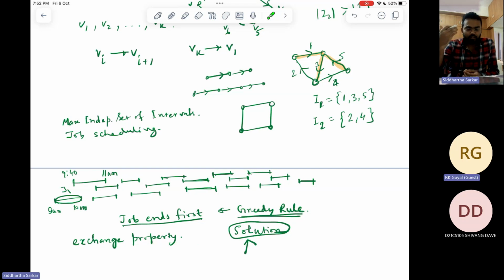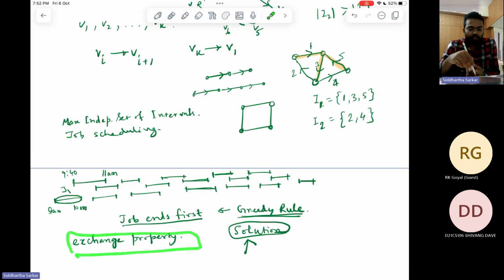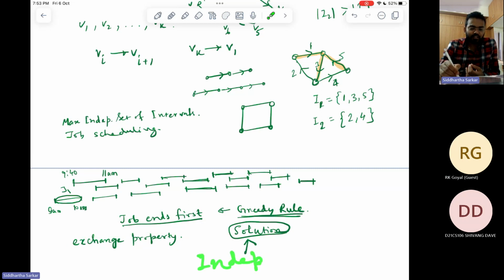With matroids, a generalized argument can be given that is applicable to multiple problems. You show that this problem is reducible to a matroid, and then because of the exchange property, finally what you are going to get is an independent set.